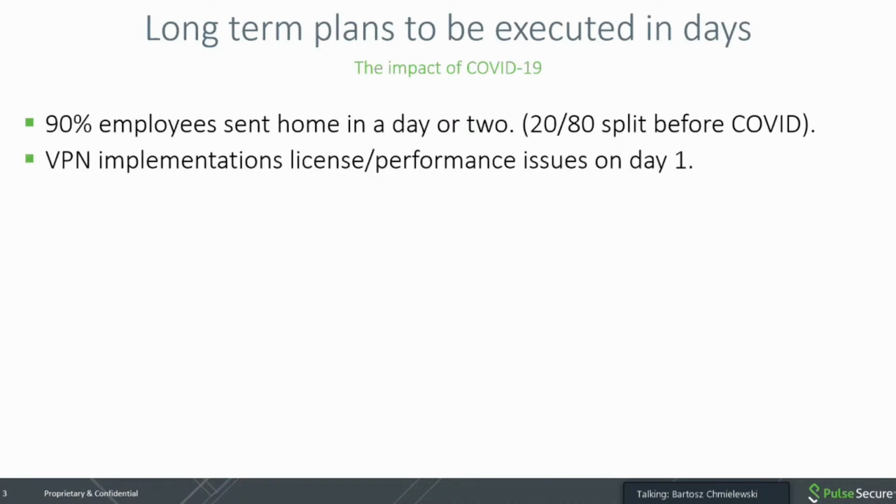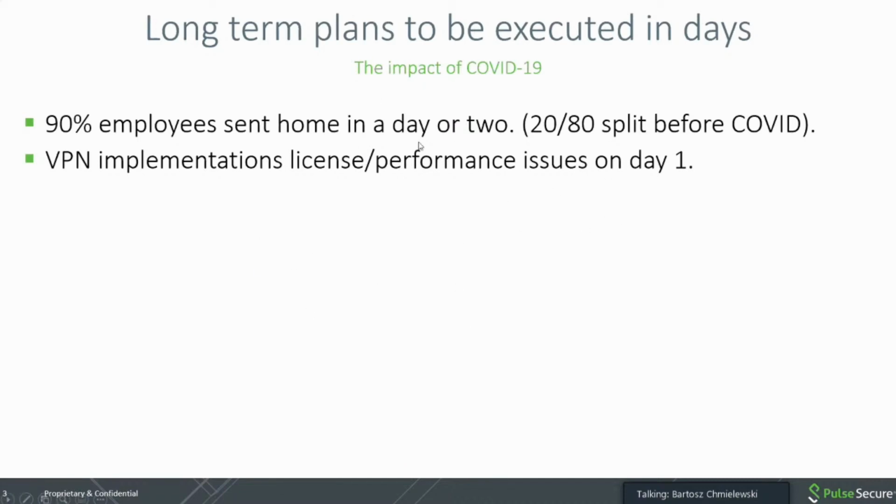And the VPN implementations had some issues. Let's say there were license issues, because normally the customers license this solution for 20%. This number is of course different for government agencies and for standard private sector organizations. But the license issue was not so important, because we overcame it very quickly by generating a temporary license.